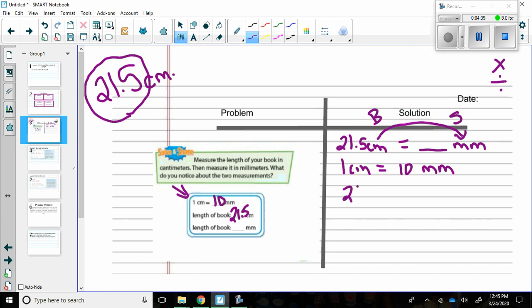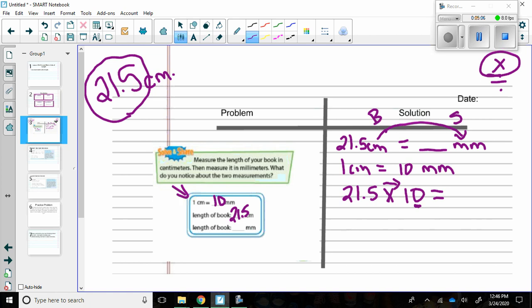So 21 and 5/10 centimeters times 10 equals, we multiply because we want bigger to smaller. The good thing is when I'm multiplying by tens, all I have to do is move the decimal point. We know when we multiply, our number is bigger, so we move the decimal to the right.